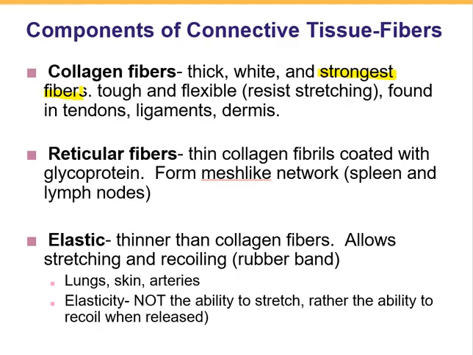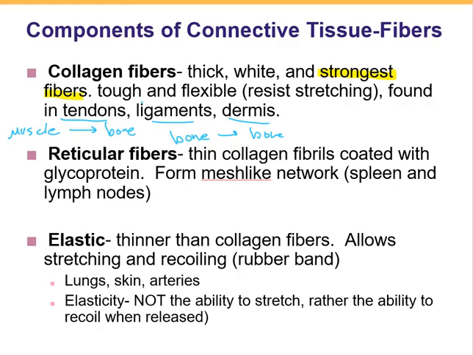You'll find them in places like tendons, which connect muscle to the bone, ligaments, which connect bone to the bone, and also the dermis layer of your skin, which are structures under lots of pressure and tension.